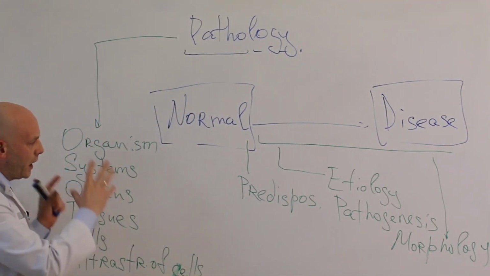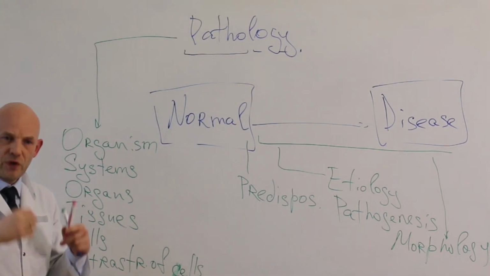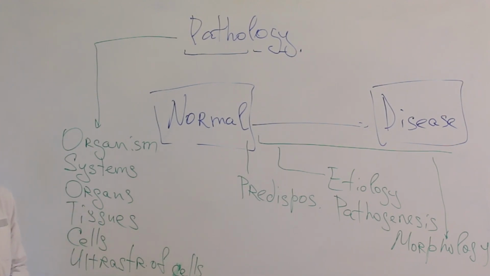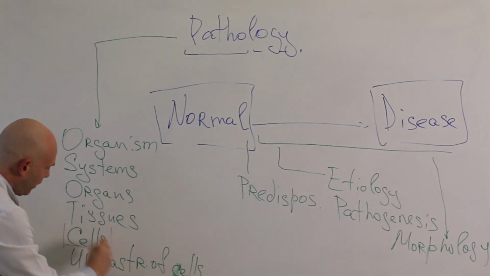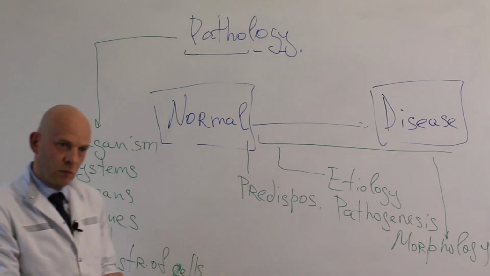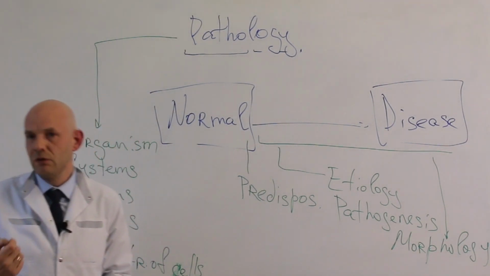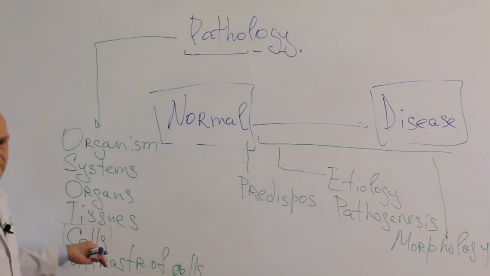Am I clear now about this? Okay. What is the basic level for pathology? I mean, the basic level of the start of the disease. This basic level is the level of the cells. Starting from Virchow, who is the father of cellular theory, all pathology starts from cells.